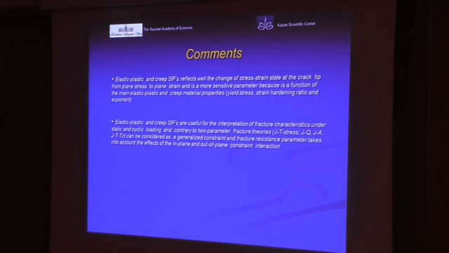Second, the nonlinear stress intensity factor is useful for interpretation of fracture characteristics under static and cyclic loading and creep and fatigue interaction, and contrary to two-parameter approaches, fracture severity can be considered as the total constraint and fracture resistance parameter, which takes into account in-plane and out-of-plane constraint parameters in interaction.